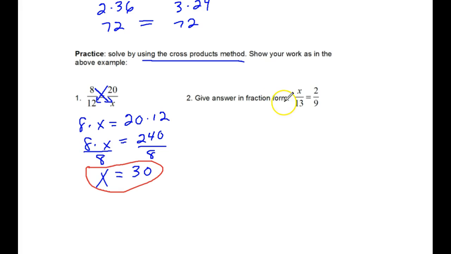The last one here says give answer in fraction form. Normally if there's a decimal, we'll just give the answer in decimal form if it doesn't come out evenly. But sometimes they're going to ask us to give the answer in fraction form. So we're going to do our cross products here: 9 times x and 2 times 13. 2 times 13 is 26.